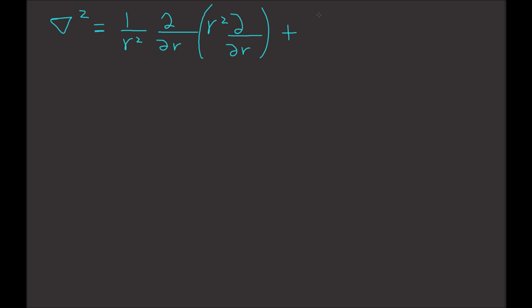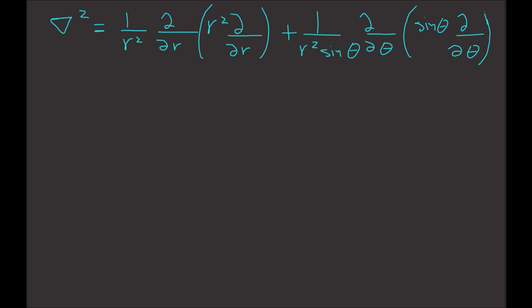The second piece is in terms of both r and theta: 1 divided by r squared sine theta times a partial derivative with respect to theta of sine theta times a partial derivative with respect to theta.